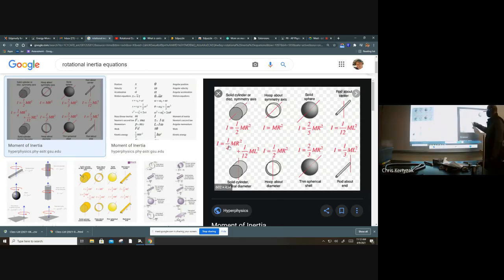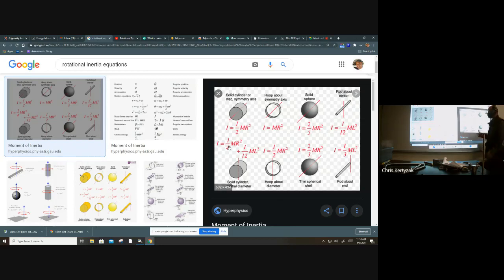That's why you see this equation for the hoop, I equals mr squared, is a larger number than the one to the left of it, which is only 1/2 mr squared. That says that this solid cylinder only provides half of the rotational resistance to a given torque as the one next to it, which is the hoop.